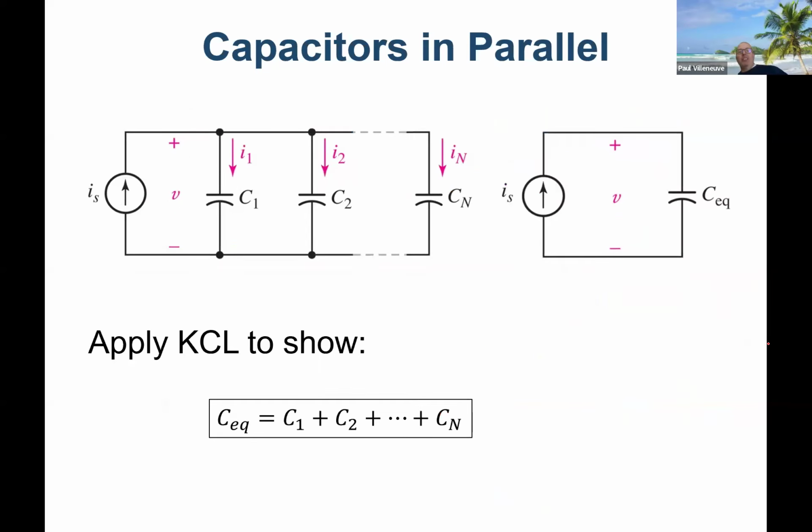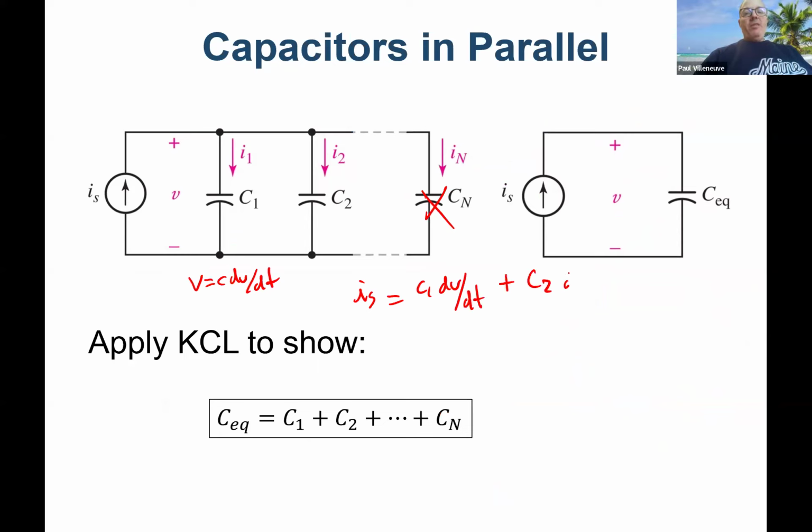How about to do it in parallel? Well, now we're just doing currents. So I equals C dV/dt, and we'll just do two capacitors. The source current in is equal to the currents out, so that's C1 dV/dt plus C2 dV/dt.